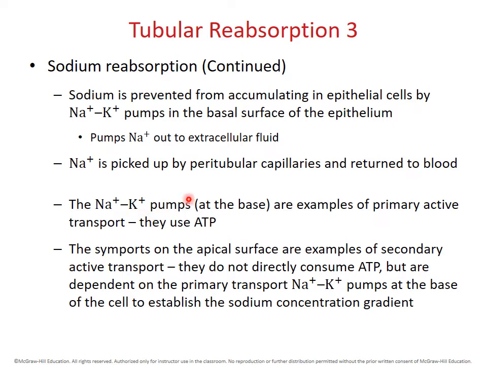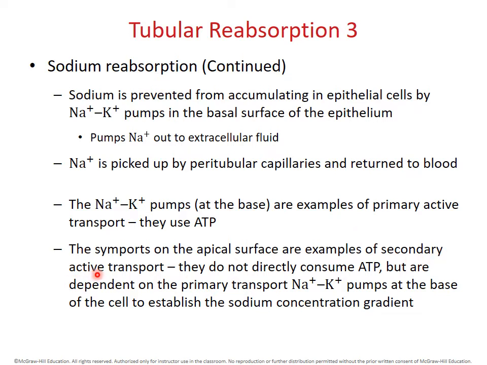And so the energy used by the sodium-potassium pump to create these sodium ion gradients is what drives the movement of sodium into the cell and the movement of sodium into the capillaries. This, you may recall, is an example of what we call secondary active transport.